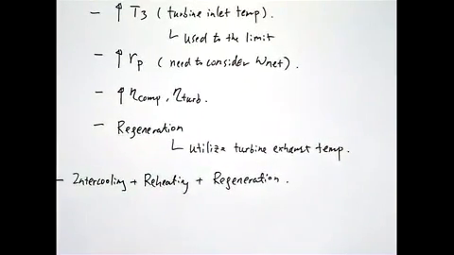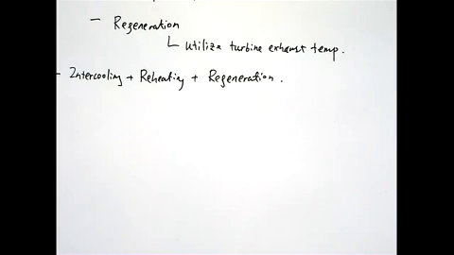Why do we want to do intercooling and reheating? It's related to the work that needs to be done at a compressor: we want to minimize the work done by a compressor and maximize the work delivered from the turbine.